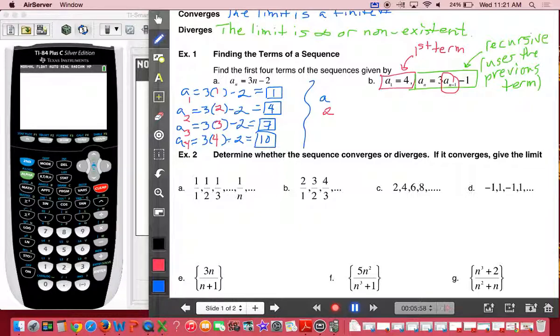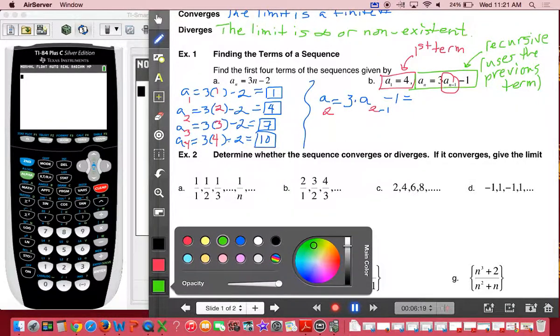So technically, a sub 2 is equal to 3 times a sub 2 minus 1, and then overall minus 1.